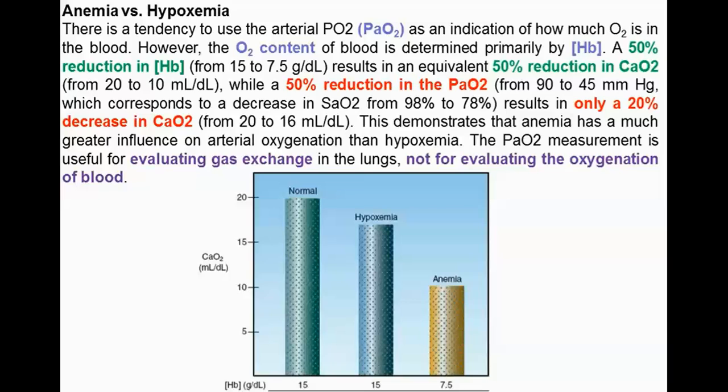It means the percentage of hemoglobin that is saturated with oxygen. If it's 100%, all of our hemoglobin is fully saturated with oxygen. If it is 90%, then 90% of our hemoglobin is saturated with oxygen and 10% is not. Is it clear?